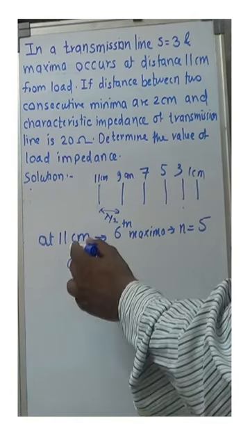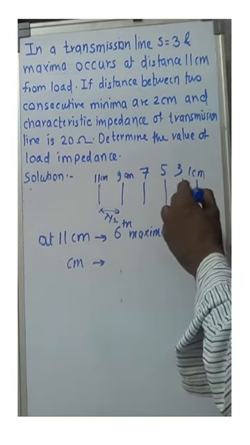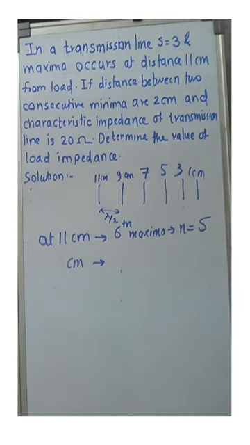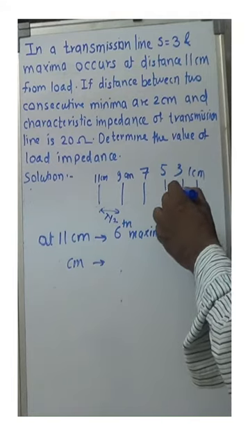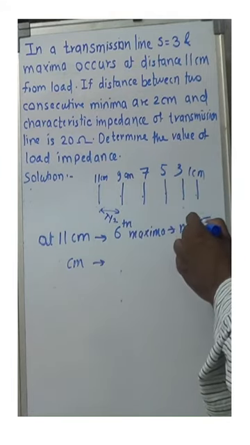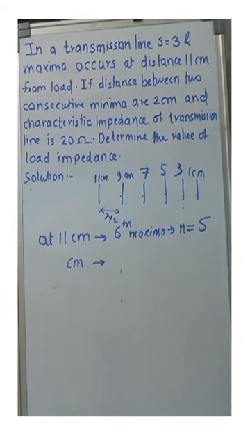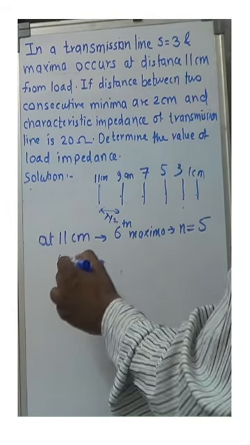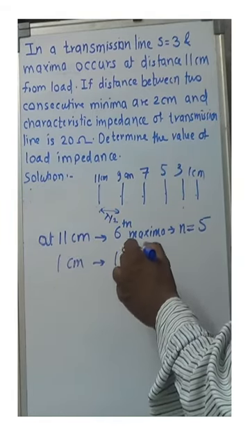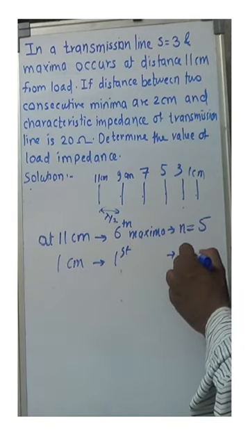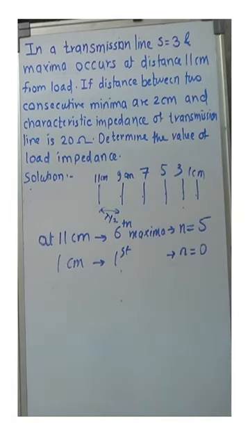Up to 11 centimeter I will get 6 maxima: 1, 2, 3, 4, 5, 6. So this is n is equal to 0, 1, 2, 3, 4, 5, so n is equal to 5. Now the first maxima occurs at 1 centimeter, so I can write this is the first maxima, and this is for n is equal to 0.